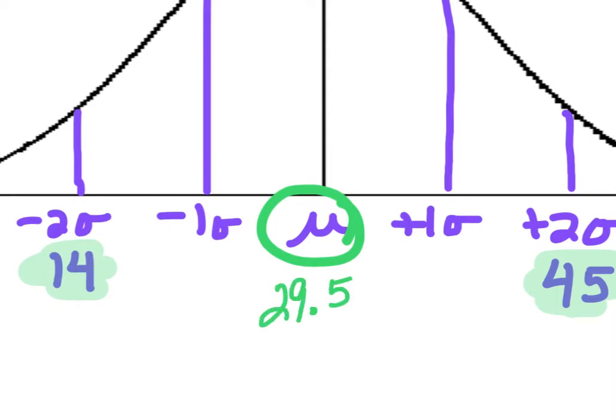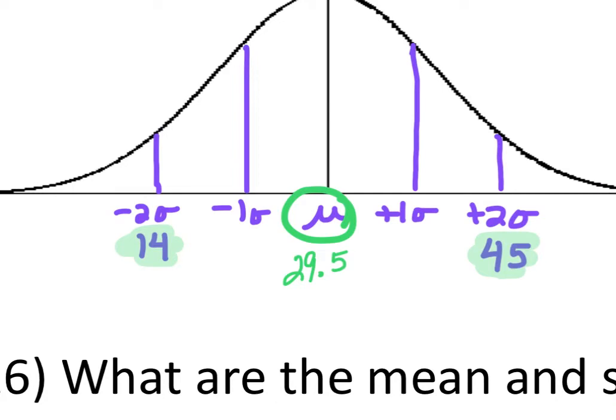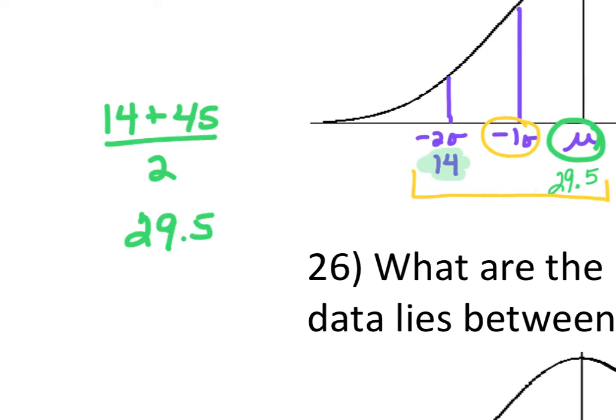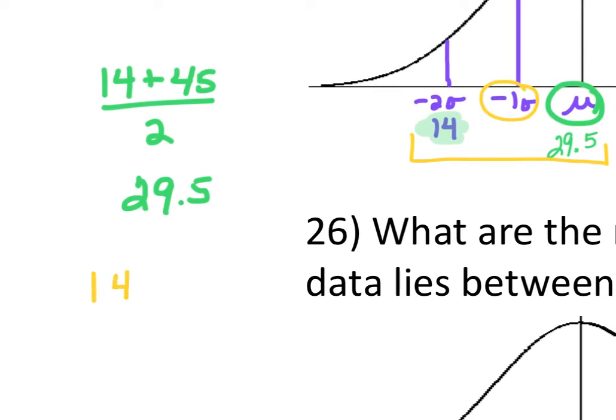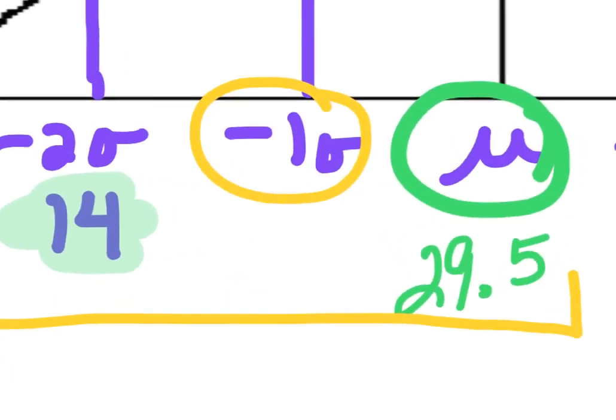29.5. And then I would do that whole process again, but this time with just the 14 and the 29.5, and that'll give you the minus 1 standard deviation. So I would say, okay, 14 plus 29.5 divided by 2, and the number halfway between 14 and 29.5 is 21.75.